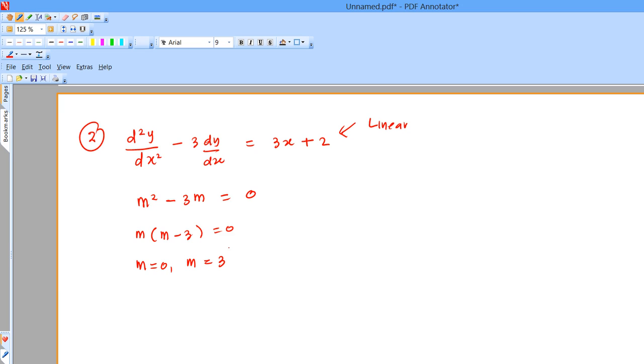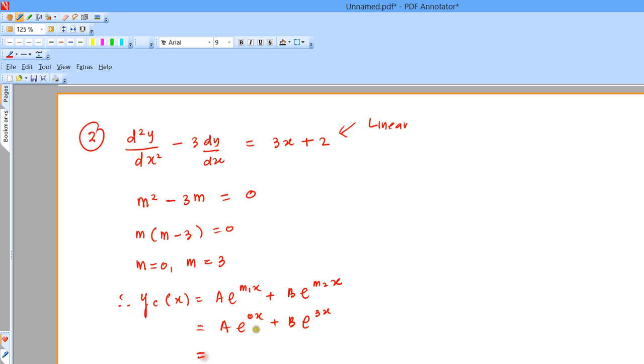So the general solution for homogeneous, or we call here ycx, equal to A e power of m1x plus B e power of m2x, and then substitute A e power of 0x plus B e power of 3x.